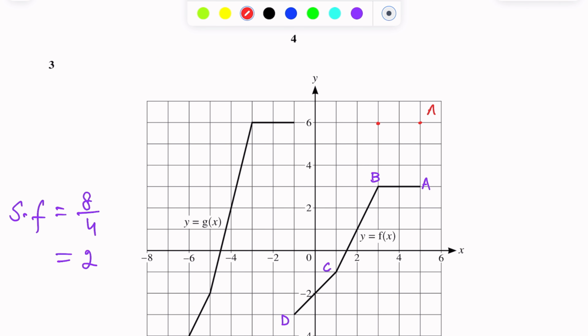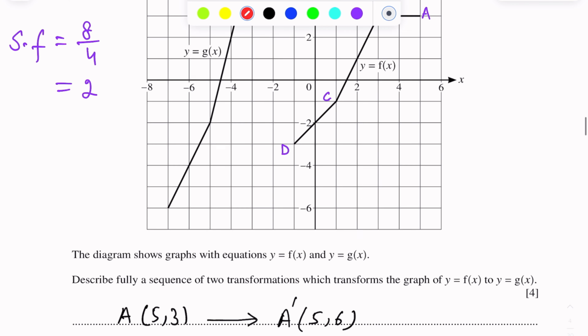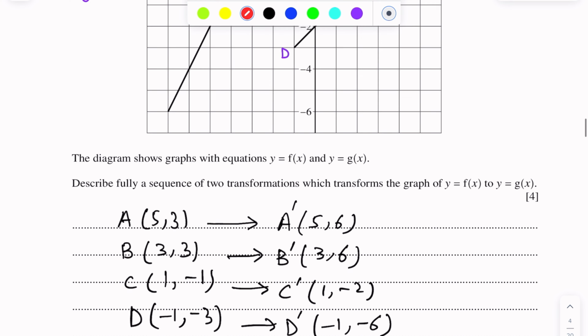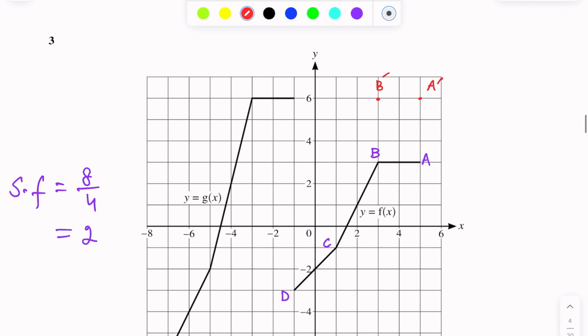This is A dash, this is B dash, and C dash is (1, -2). This is the point C dash.